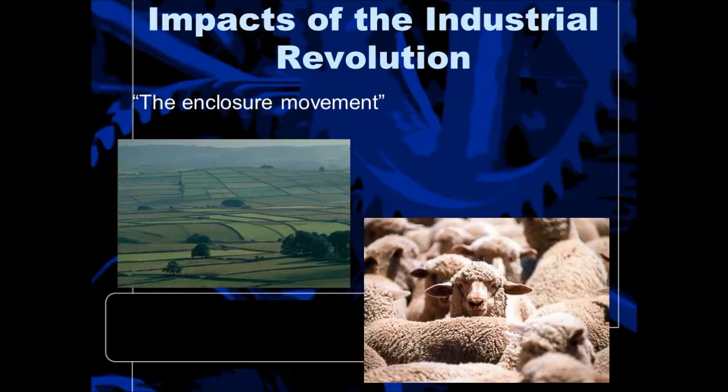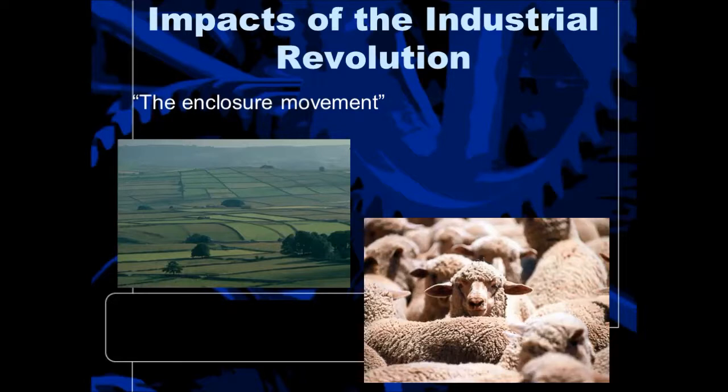But eventually the landowners realized that there was this huge call for wool, and it would be so much more convenient and so much less problems if they kicked all those nasty people off of their property, fenced it in, and just raised sheep for their wool. And then they could shear the sheep and sell the wool to the textile companies that were popping up all over Europe.